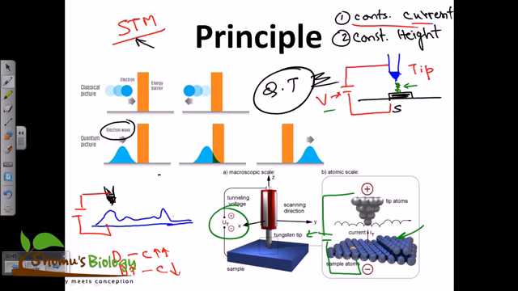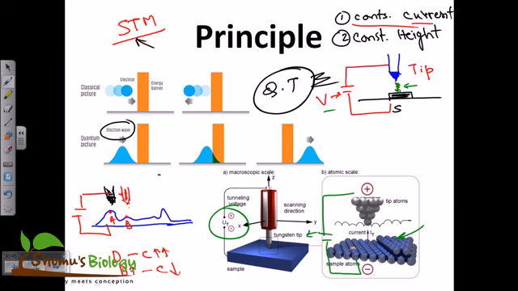But the surface is not even, it's uneven. Let's say this is point A; the distance between point A and the tip is small, and there is a particular current. Now once this tip moves a little and is in a position somewhere here, you can see the distance between the tip and position B of the surface is more.